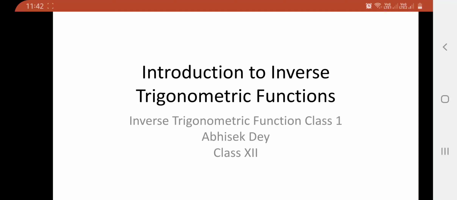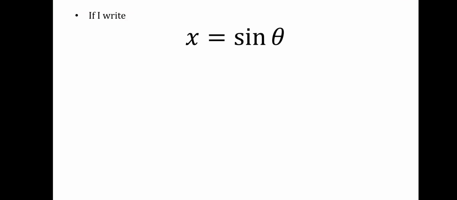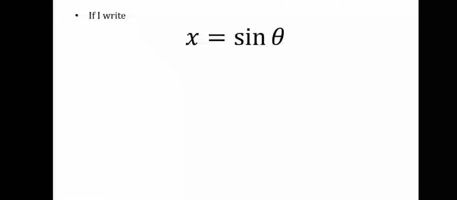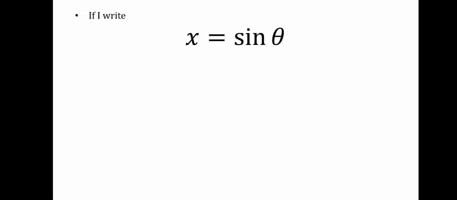So now what we are doing basically here is that I am writing x is equals to sine theta. So what does that mean? It means that theta is taking some value of angle and sine theta is giving me a value which is stored in x. So that means x is the output and theta is the input for this function.